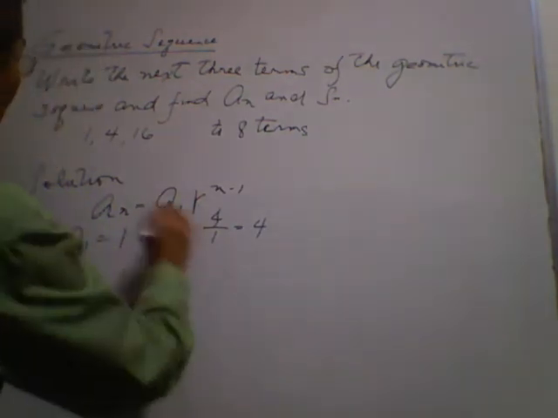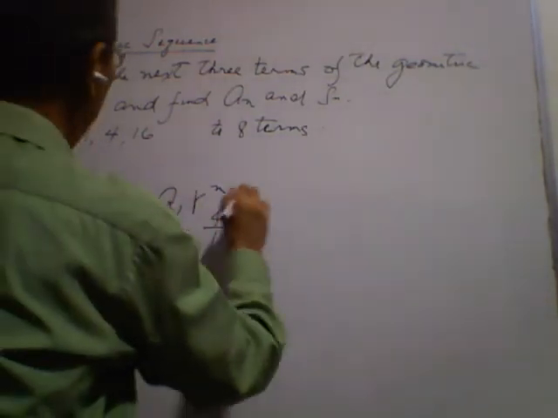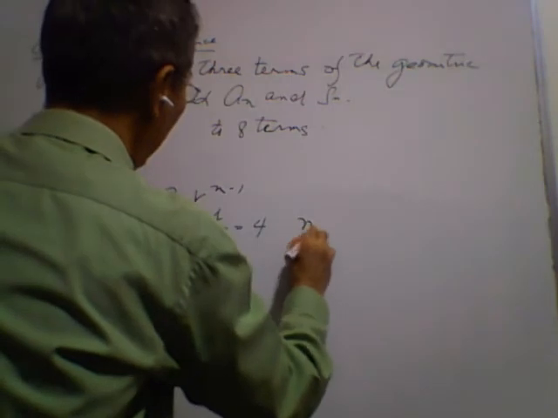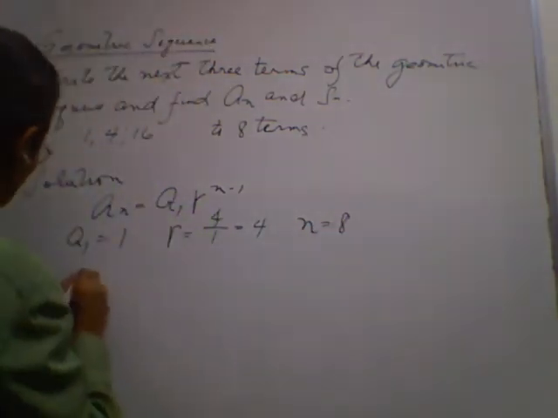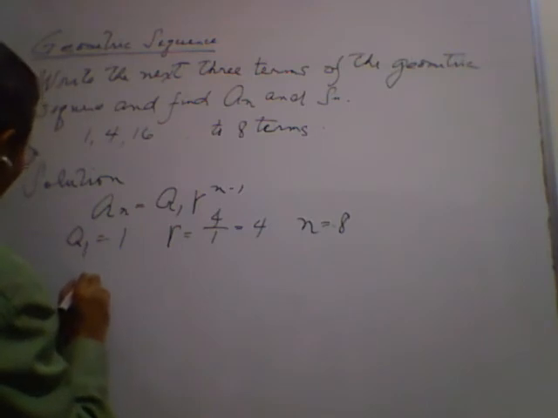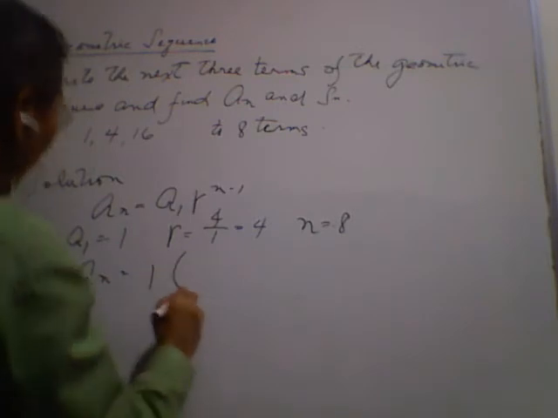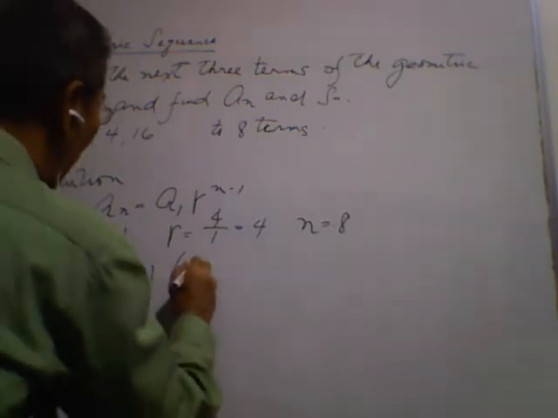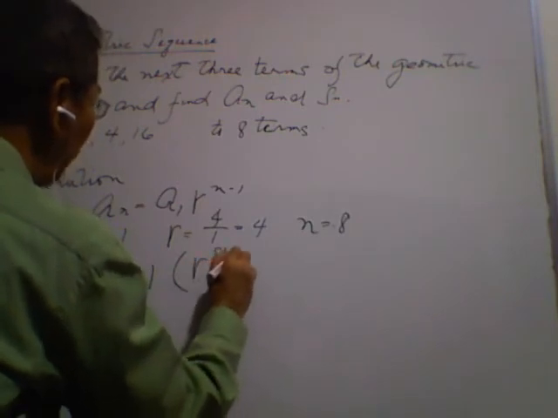We're going to substitute this in the formula. N is 8, 8 terms. So A sub n is equal to A sub 1, which is 1, and R raised to 8 minus 1.